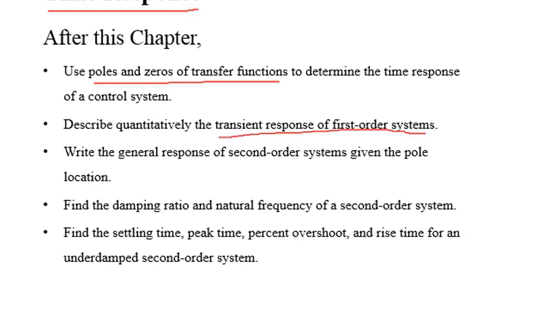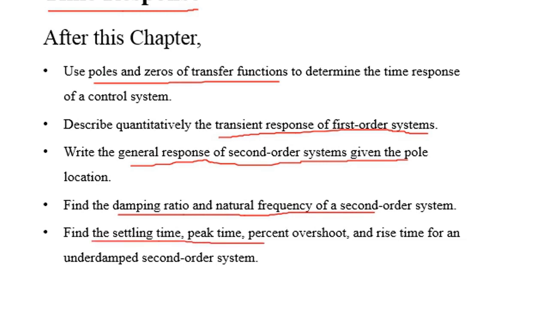You will study transient response of first order systems and will write the general response of second order systems given the pole location. You will find the damping ratio and natural frequency of a second order system, also the transient specifications, which include settling time, peak time, percent overshoot and rise time for an underdamped second order system.